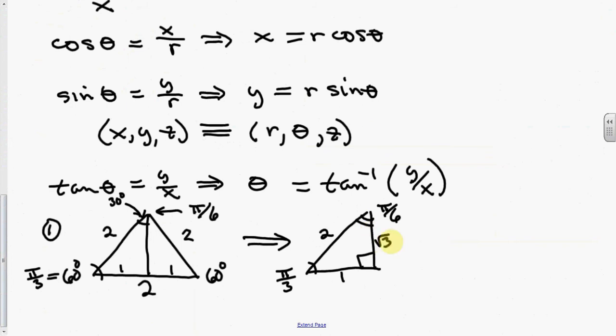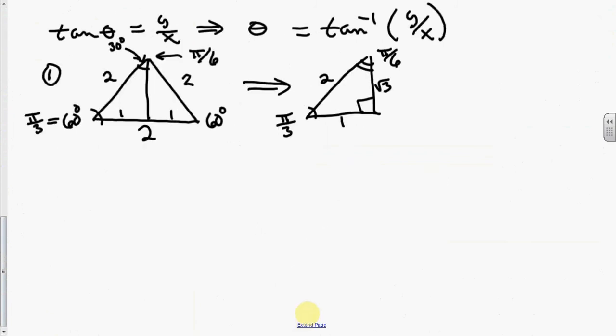Does everybody agree with me on that? Okay. Just using the Pythagorean theorem, we get the square root of 3. Now from this triangle, you can build all of the relationships that you want in terms of the 30 and 60 degrees.